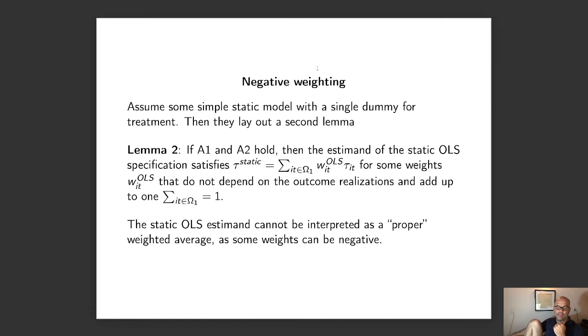And they add up to 1. So the static OLS estimand cannot be interpreted as a proper weighted average because some of the weights can be negative. That's a really common thing in this literature, to be very worried about negative weighting, because the negative weighting can basically cause a coefficient to no longer even be the right sign.